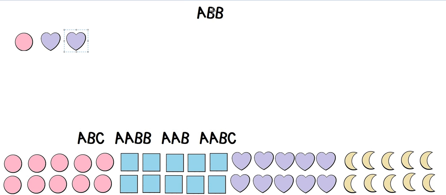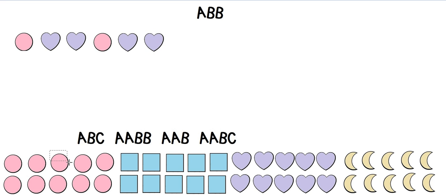Two of those pieces are a B. A, B, B. Now I'm starting it over. So I need another circle, A, and then I need another heart, B, B. So A, B, B, A, B, B.